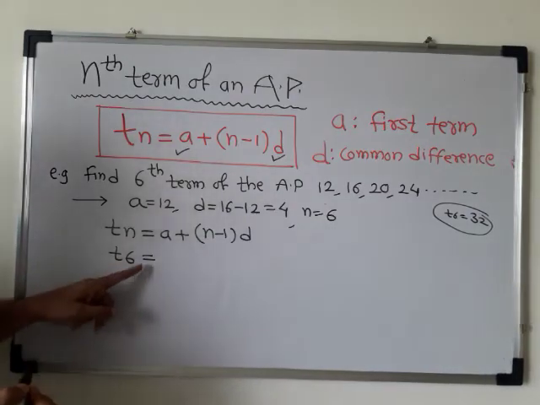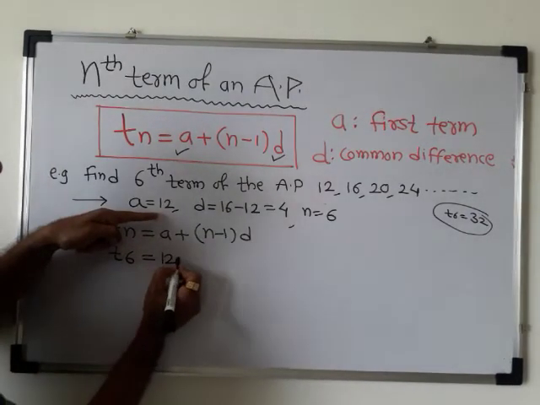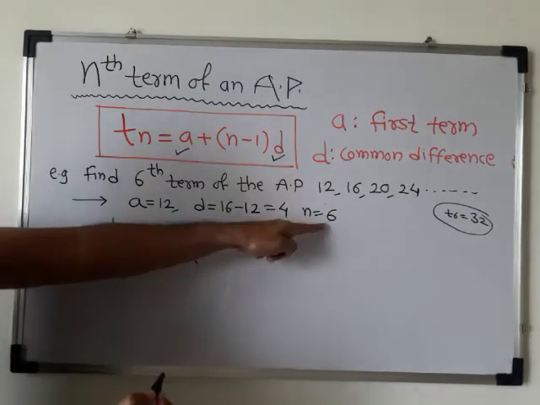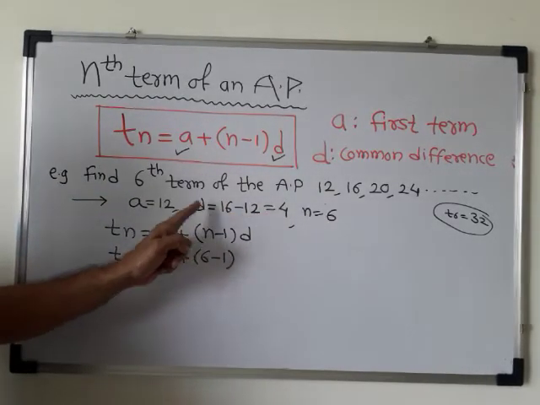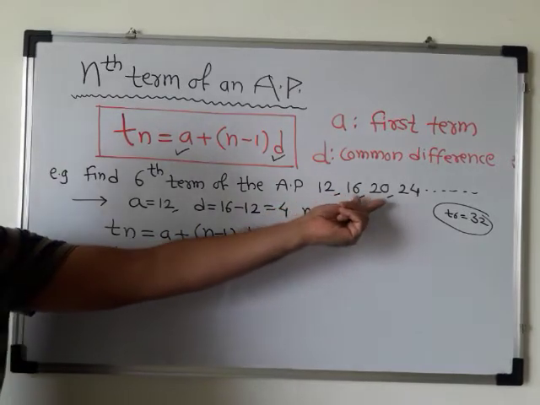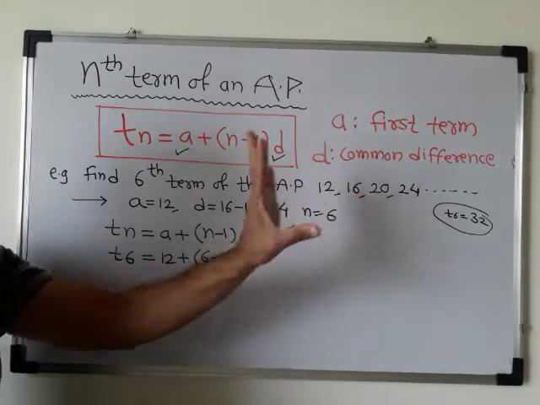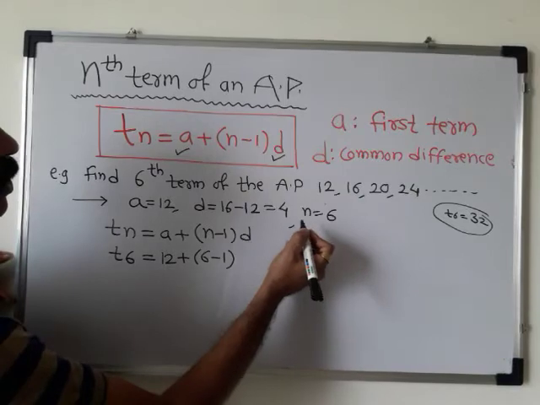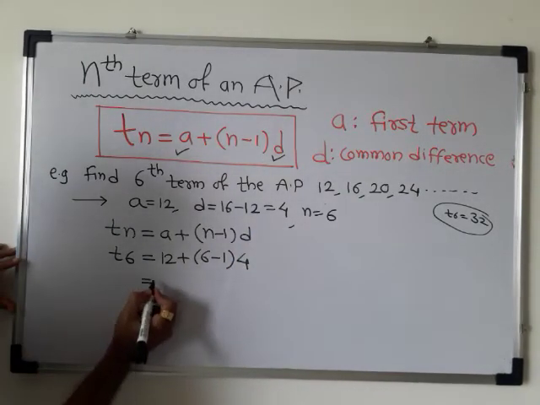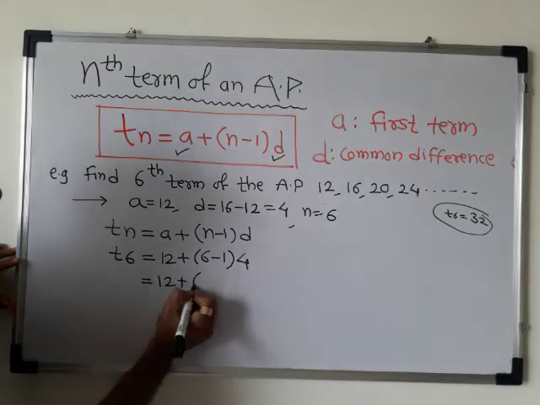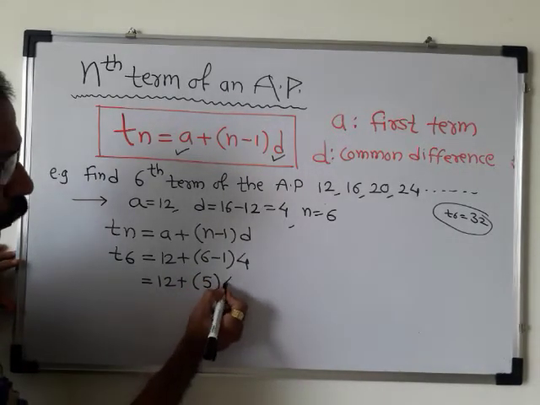See, sixth term is equal to a means 12 plus n minus 1, n means that position, 6 minus 1, and d means common difference between any two consecutive terms. It remains same because it is already an arithmetic progression. So substitute d means difference 4. Simplify. 12 plus, open the bracket, 6 minus 1 is 5 and 4.